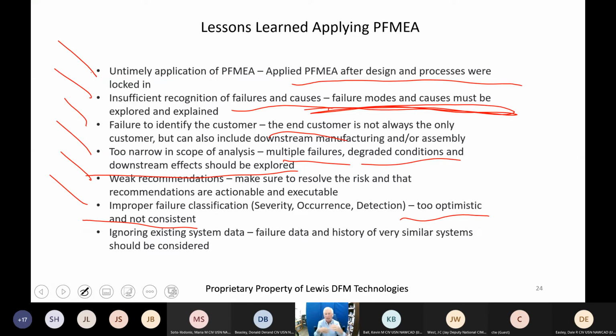You can't use operator error as a failure mode. You got to have something better, deeper, more detailed than that. And then, of course, ignoring existing system data that we already talked about from previous production information and rejections and nonconformances. So those are the lessons learned.